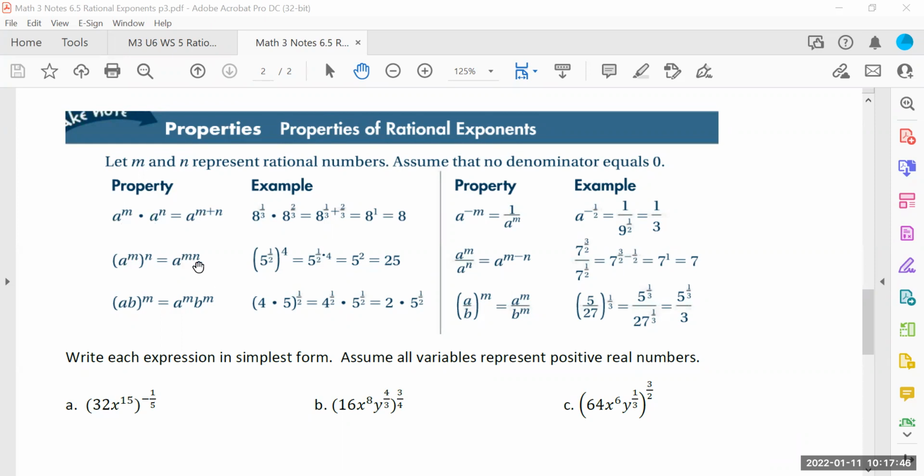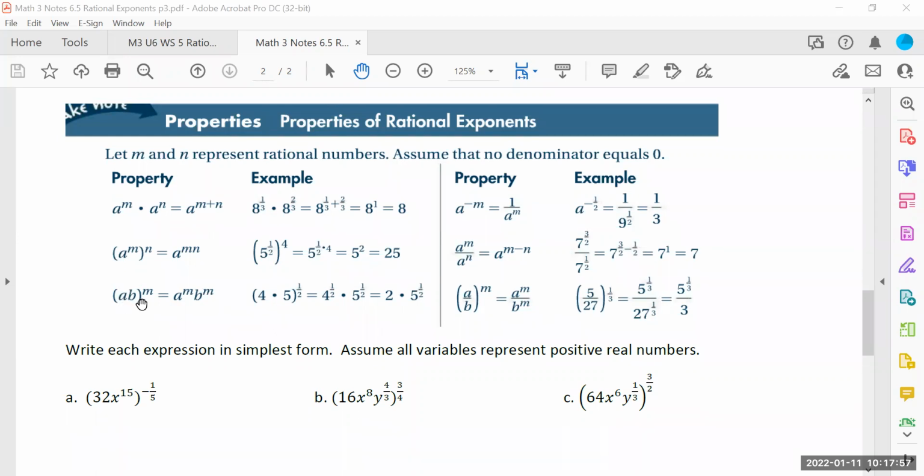If I raise a power to a power, I multiply those powers. If I raise two things multiplied together to a power, each one gets that exponent. You will need to memorize these eventually, but for now you have them in your notes. You can check them, you can refer to them. Here, (ab) to the m means a to the m and b to the m.